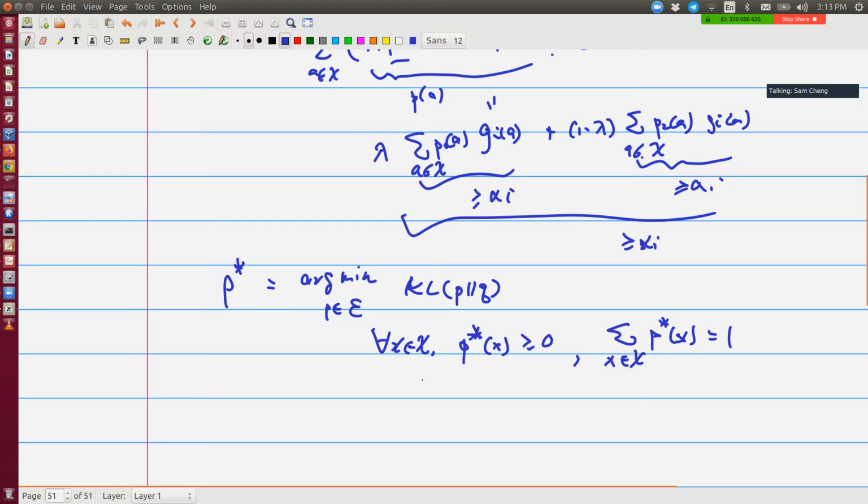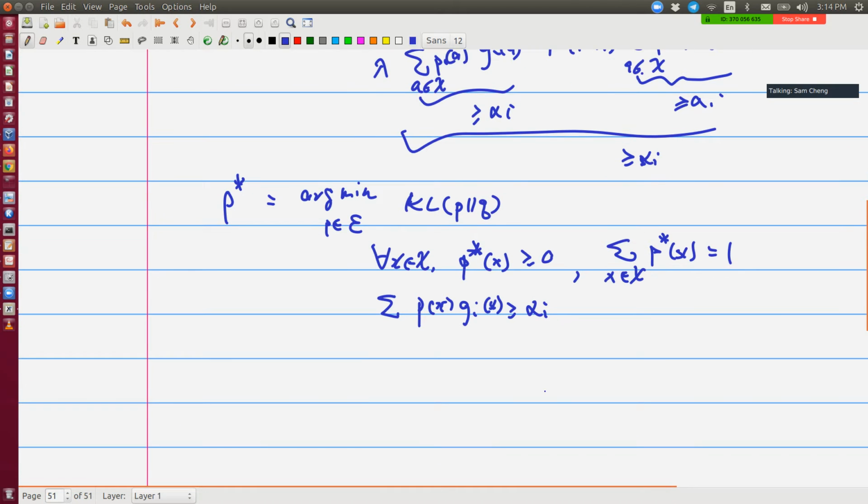Oh yeah, of course, I need to include the constraint that sum of P(x) g_i(x) is bigger than or equal to alpha_i. Yes, alpha_i. Actually, I didn't put it down in my notes here.